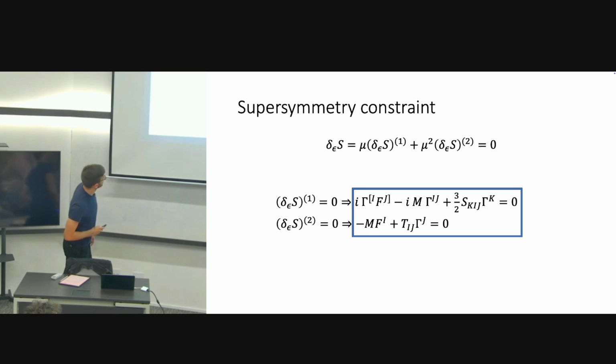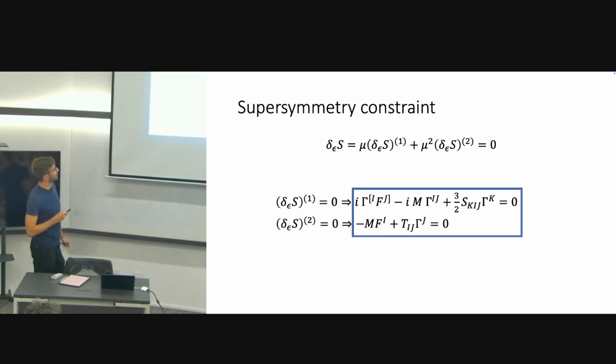We require supersymmetry, so supersymmetry takes the following form. I can package together everything that appears at order mu and everything that appears at order mu squared. Both of these have to vanish, because this has to be true for all mu. The first vanishing gives me some equation in the space of, basically, this is a gamma matrix, right? F is a matrix also with spinor components, so it has 𝒩 times 𝒩 components.